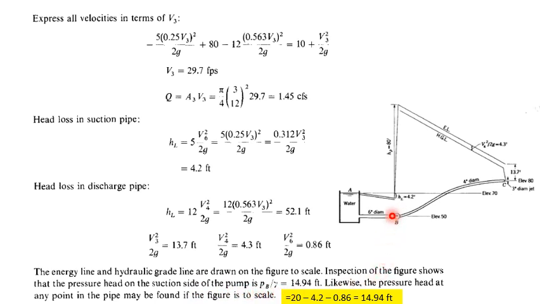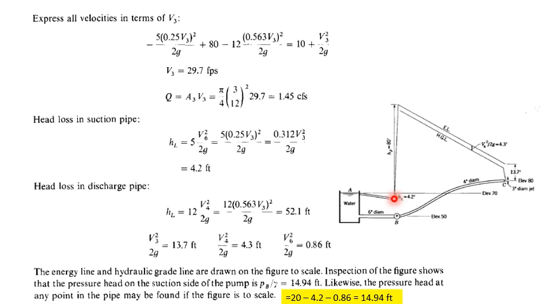So over here we have to calculate the pressure head. The difference of point B and point A, it is 20 feet, since point A is at 70 feet elevation and point B is at 50 feet elevation. So this total, you can say it is 20 feet. And if I subtract the head loss for the 6 inches pipe, which is 4.2 feet, I have reached the energy line.